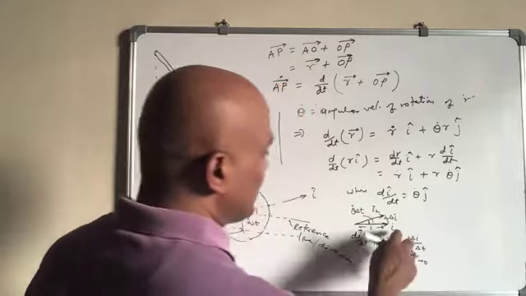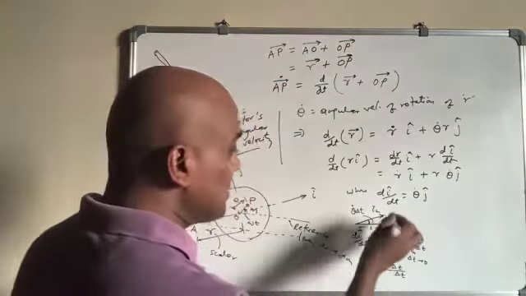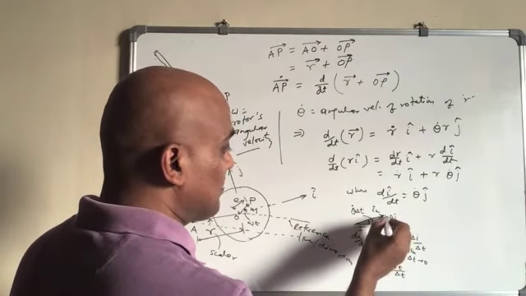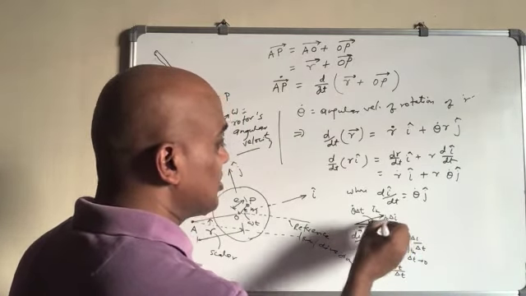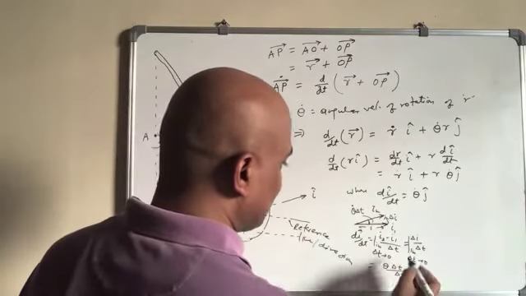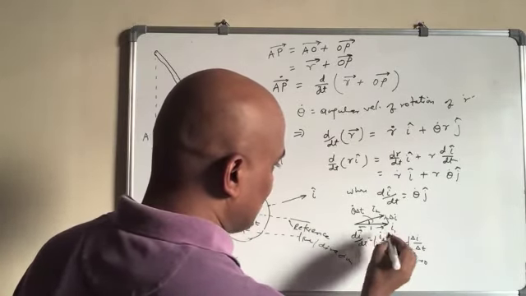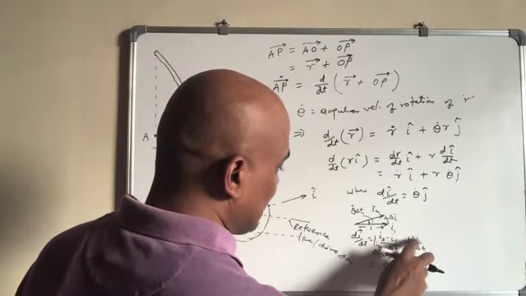And which direction is it? The direction is perpendicular to I, basically, right? So I is a vector, I2 is a vector, I1 is a vector. So delta I is a vector.